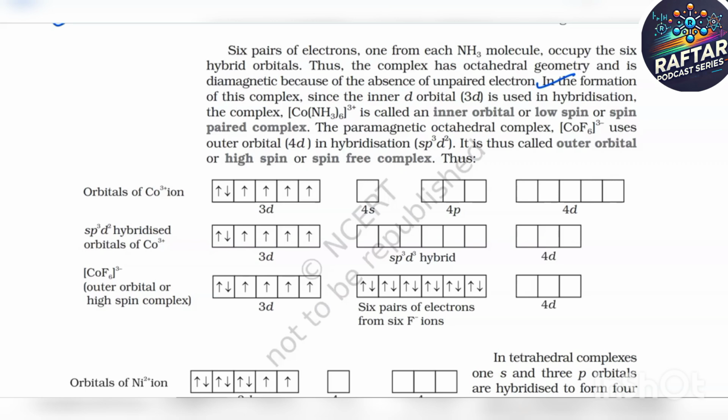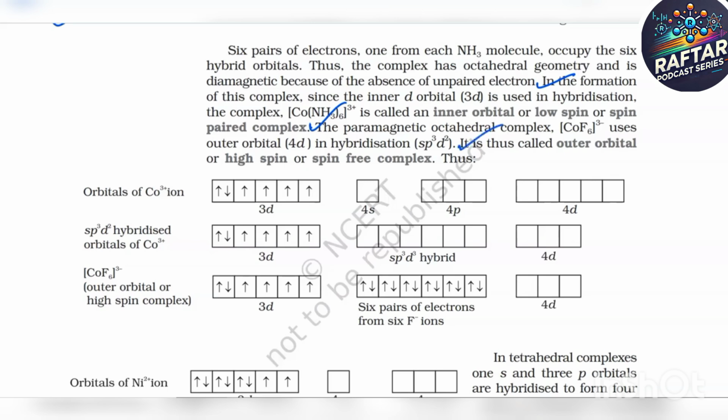The paramagnetic octahedral complex [CoF6]3- uses outer orbital 4d hybridization, sp3d2. It is thus an outer orbital or high spin or spin free complex.